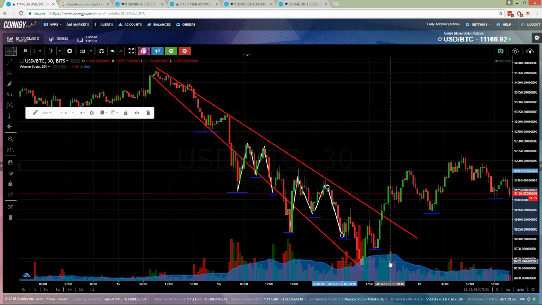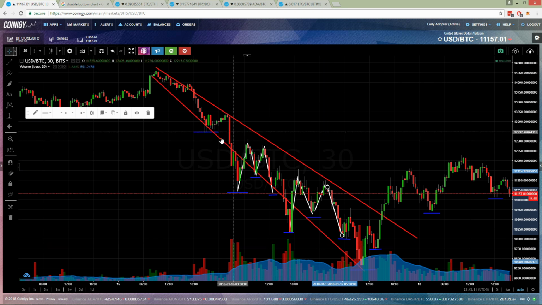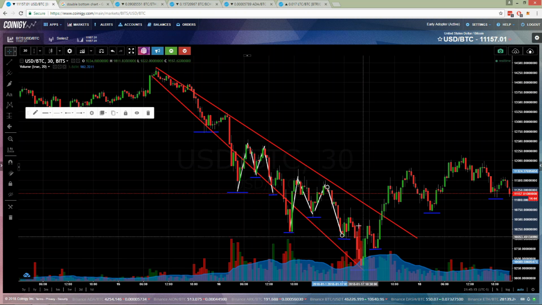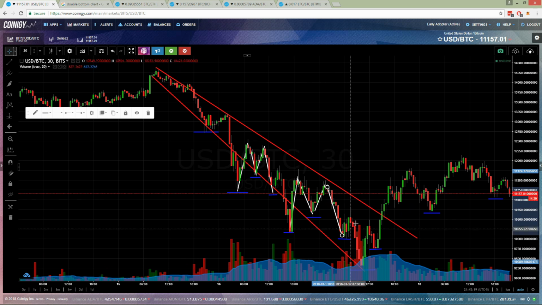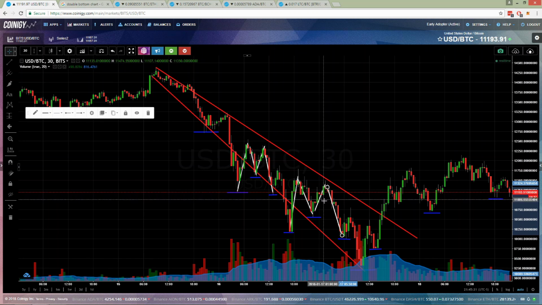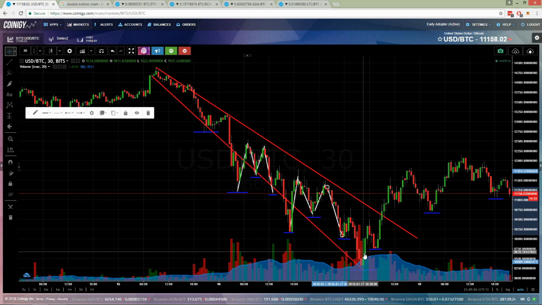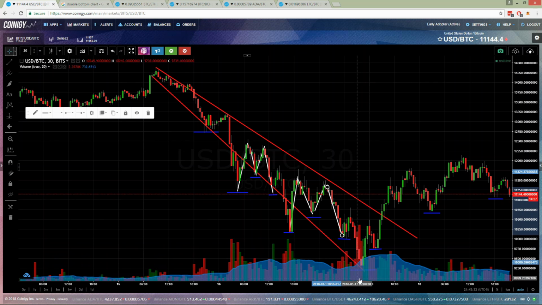It goes below this support level, which again would indicate a further drop, but we can see here that a base is trying to form. So then when we see this drop here, we can say, okay, it's starting to form a base. So we look at this drop here and then we start to see quite a big spike in buy orders. That's a good indication that we may be here at the bottom.